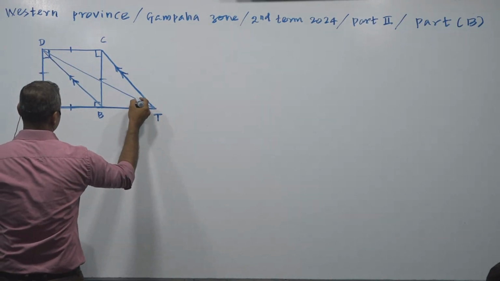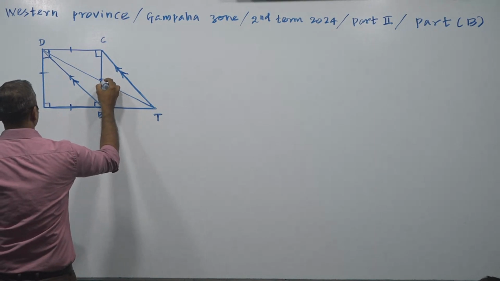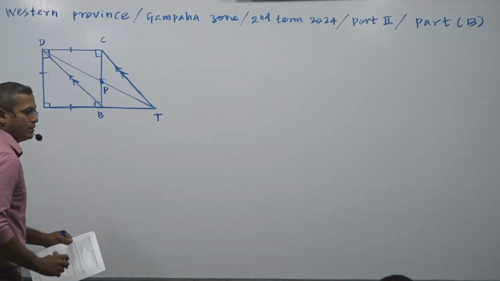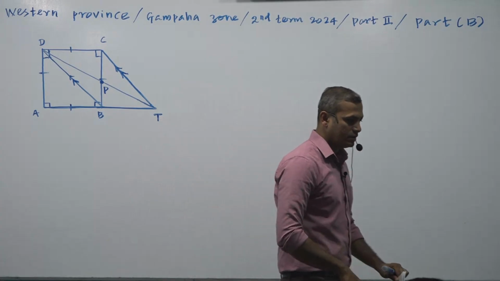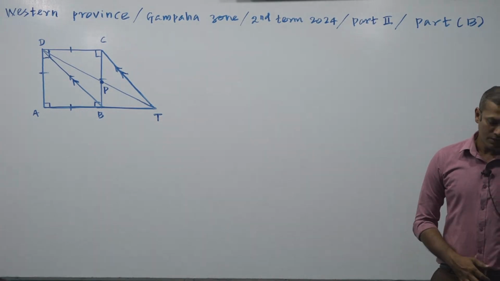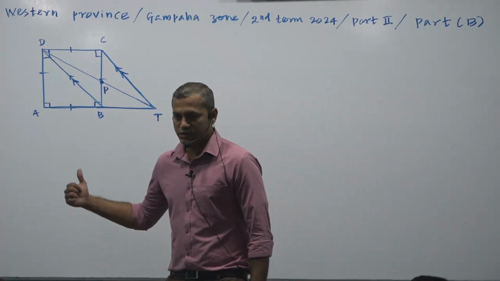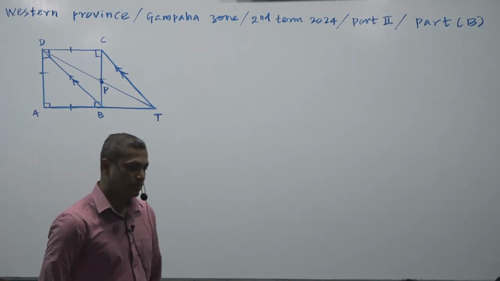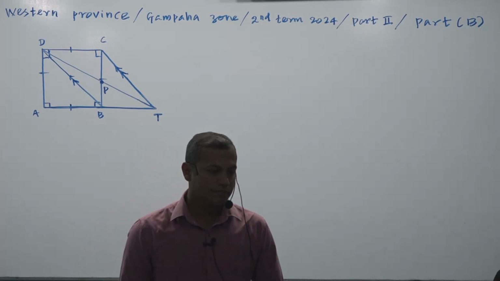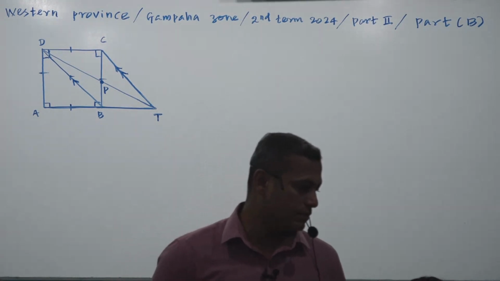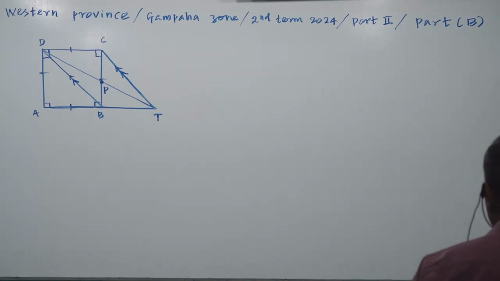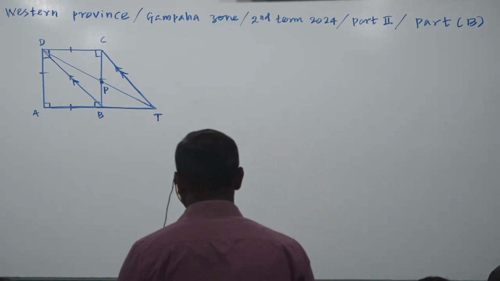They intersect at, this is P. See whether your diagram is correct.